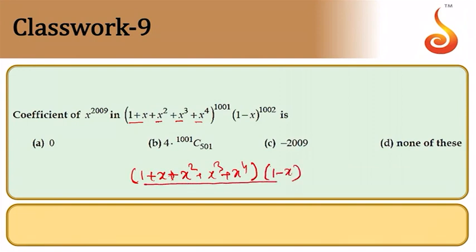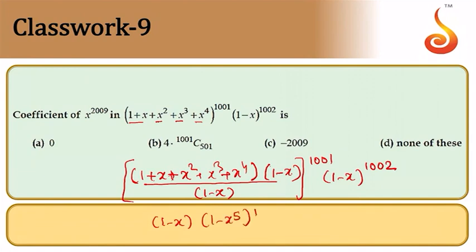So this can again be written as, if I multiply and divide within the bracket by 1 minus x, we get 1 minus x to the power 5 whole to the power 1001 divided by 1 minus x whole to the power 1001, into 1 minus x to the power 1002. So this will give you 1 minus x to the power 5 to the power 1001, and 1 minus x is left over.